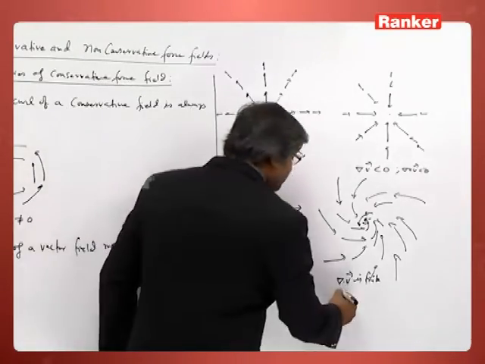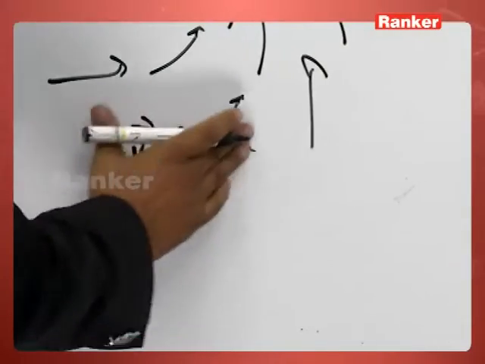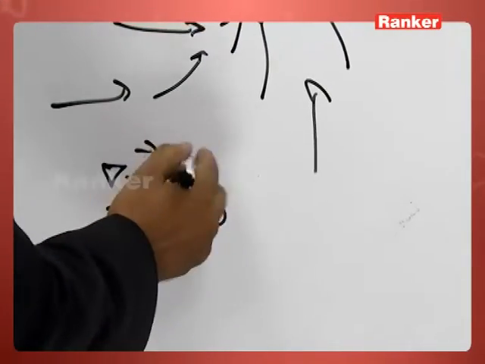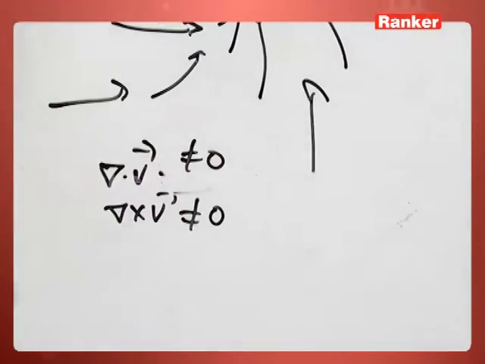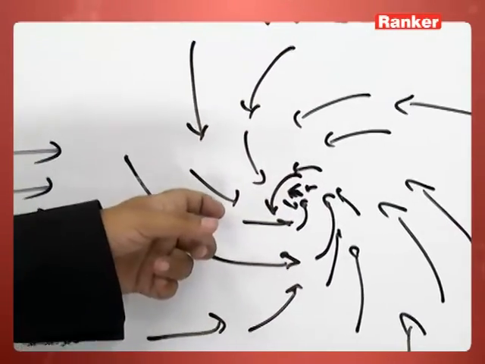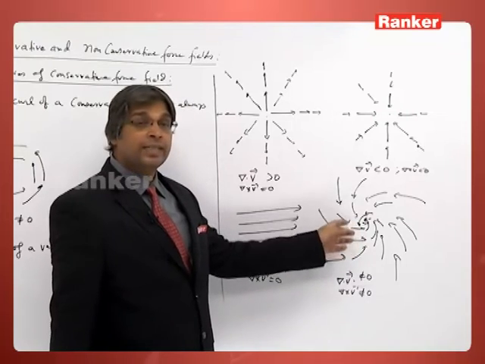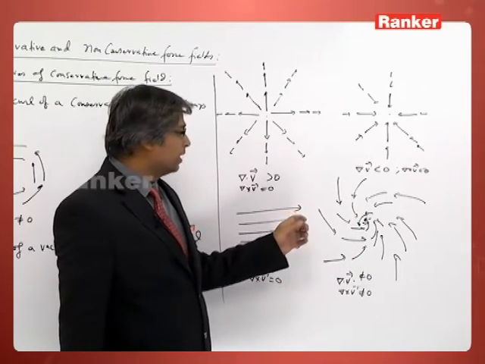But here curl of V is non-zero, and this is also non-zero. So both curl and divergence exist here. Although it has finite divergence, since it has finite curl also, it is a non-conservative force field.